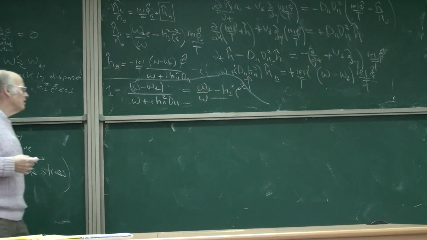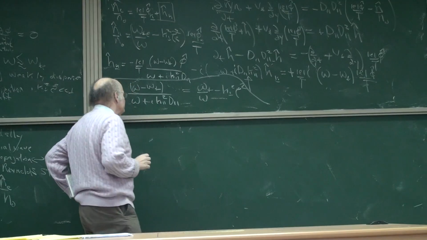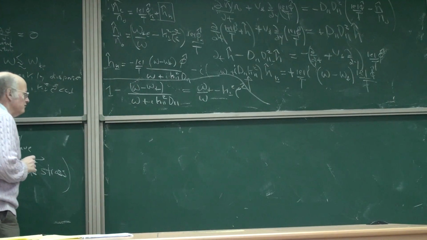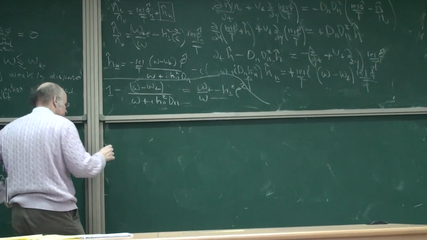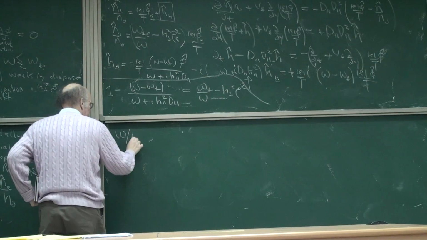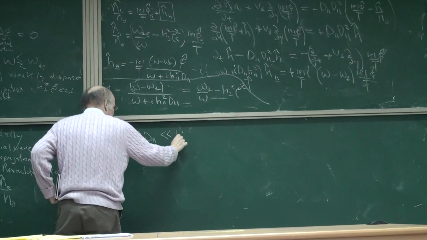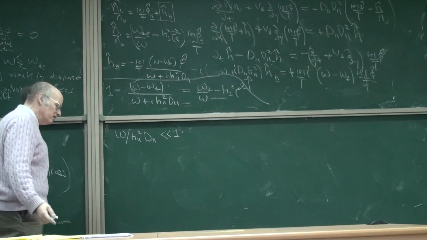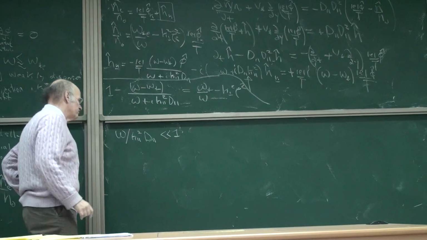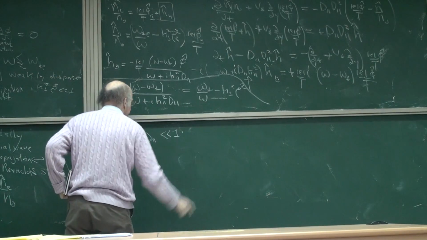Okay, now to make further progress, we need to do a few things. In the limit of omega over k parallel squared d parallel much less than 1, which is 1 over the thing being larger than 1, we can treat this side as a kind of perturbation. So to lowest order, we balance these two things.